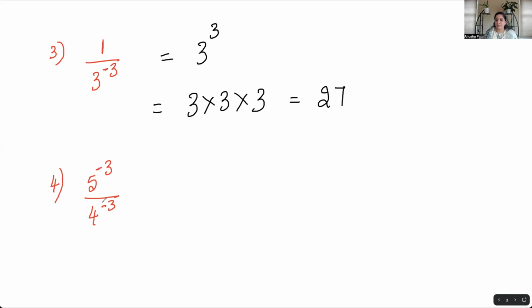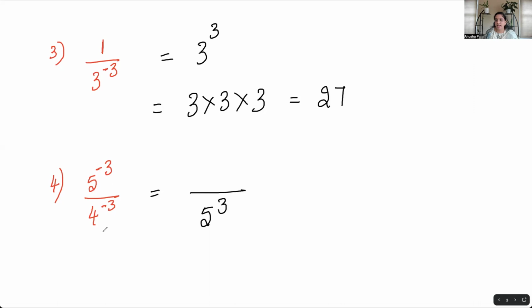In the fourth example, we have 5 to the power of minus 3 over 4 to the power of minus 3. So both the numerator and the denominator have negative exponents. To make it positive, we will switch the 5 to the power of minus 3 from the numerator to the denominator to make it a positive exponent, 5 to the power of 3.